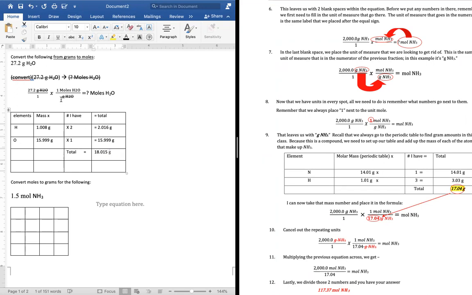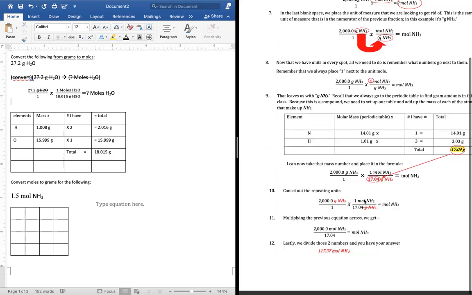This unit here matches with this unit, so that's where this number goes. 18.015, and then G. So see, this is a G number. That was a G unit there. So that's it. By following these steps, I've set this whole equation up without trying to guess or think ahead as to what it's going to look like at the end.